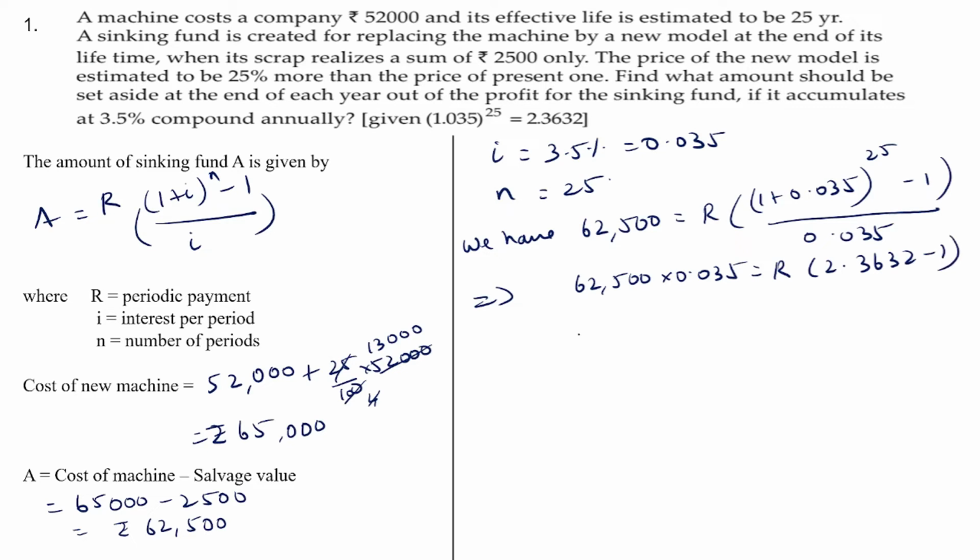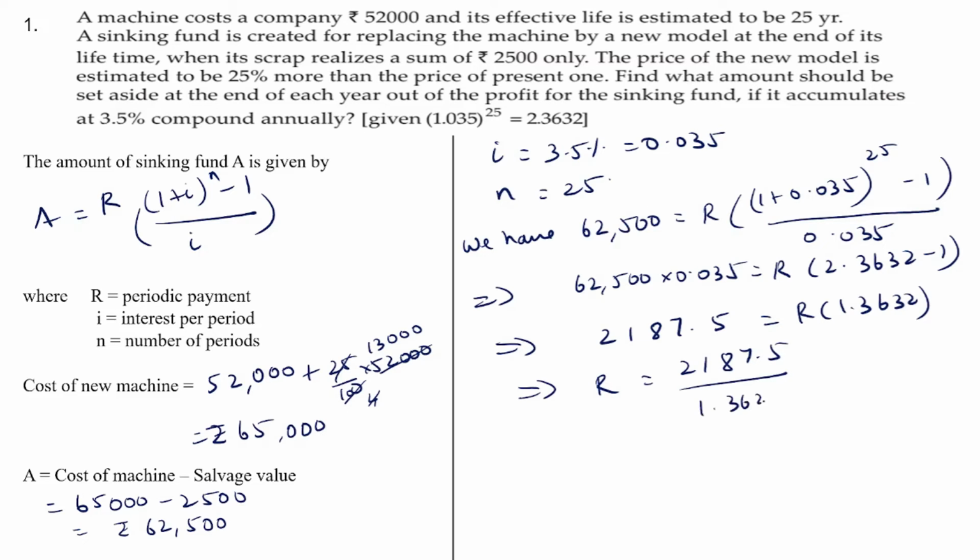2.3632 minus 1. Now when we multiply 62,500 into 0.035, we get 2,187.5. This is equal to R into 1.3632. So from this we have R as 2,187.5 upon 1.3632, which is equal to 1,604.68.